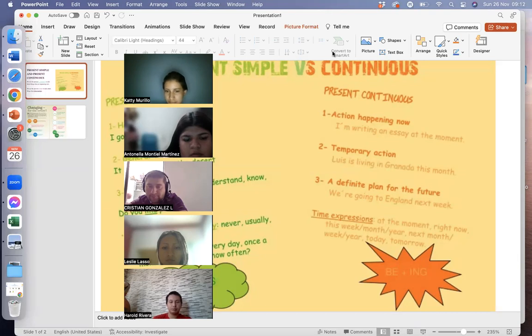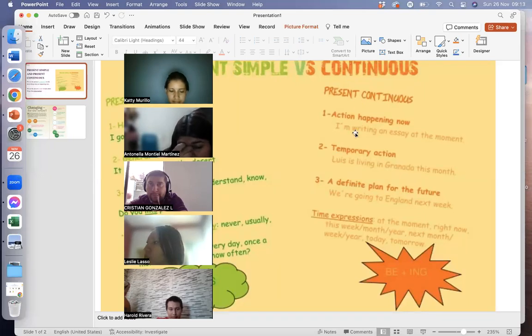That means that I normally don't live there, but at the moment, maybe for a month or a week or so, I am living, or he is living, she is living in Quito or somewhere else. So when we want to highlight that this is temporary, I normally don't live in Cuenca, but at the moment I am, then in those cases we use present continuous.